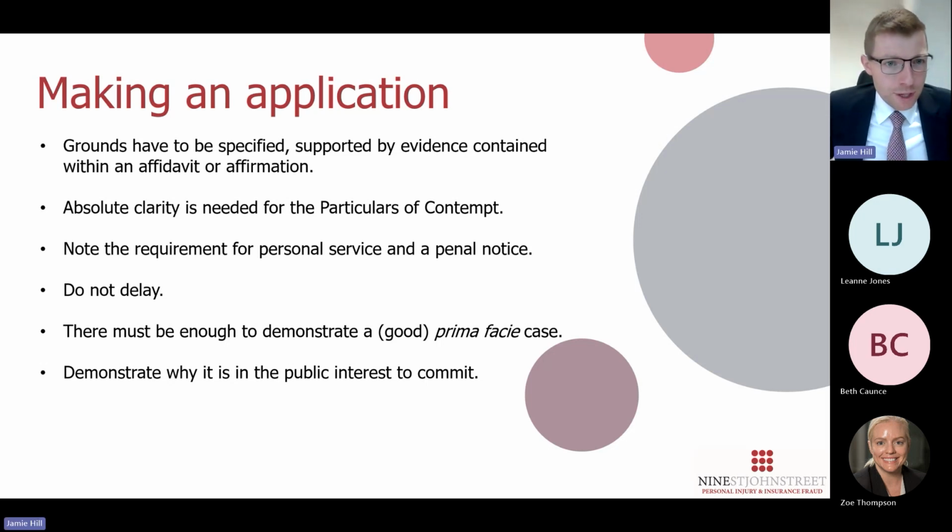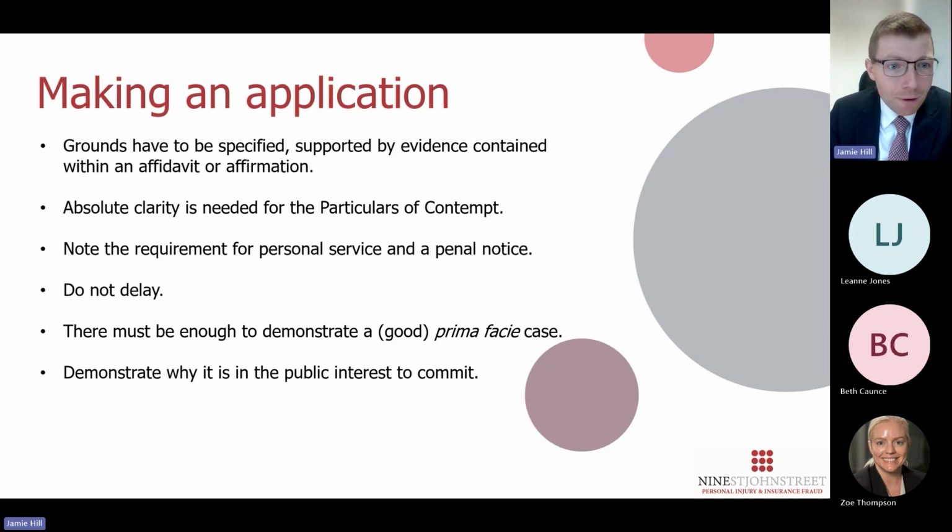Do not delay with bringing an application. I'm aware of cases where delay has been fatal. There may have been, let's say, a finding of fundamental dishonesty, and then nothing has happened for 2 years, and then all of a sudden somebody wakes up and thinks, oh, there's grounds here for contempt of court. Now that can be fatal. It's not necessarily, but it can be, and it will certainly harm your prospects of success.